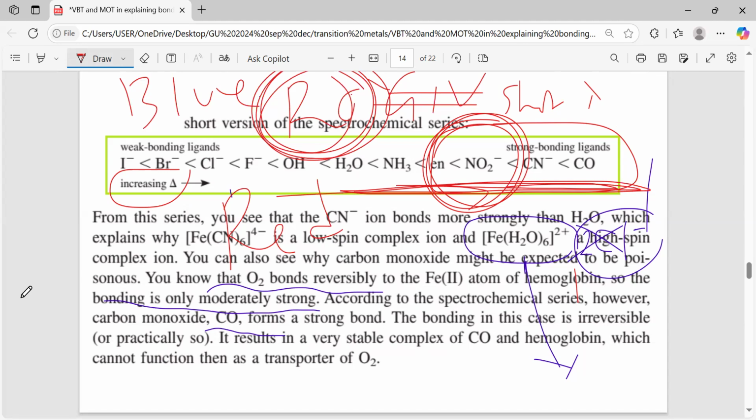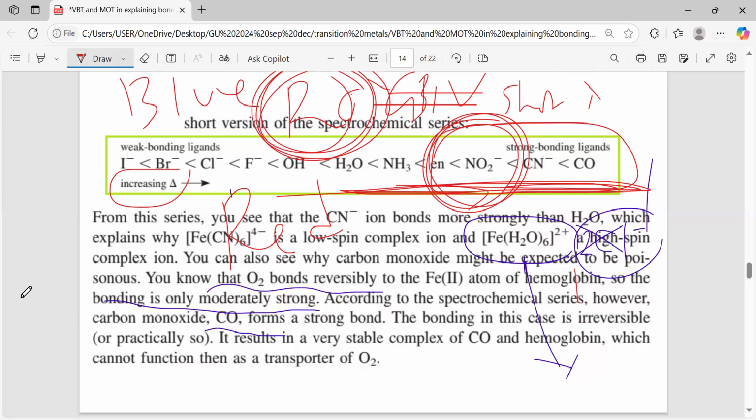What is our high energy radiation? The blue region, which is BIV, that is Roy-G-Biv, BIV. So it causes us to absorb the BIV region. And if we are absorbing the BIV region, what remains is the red region, and therefore the complex will be red.